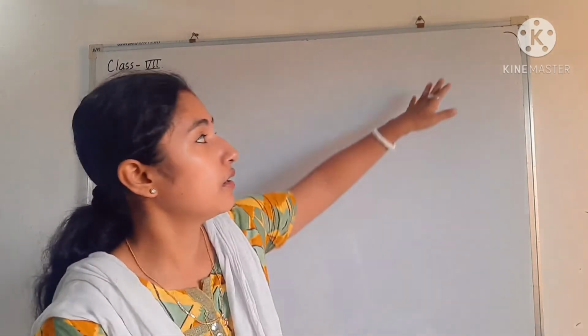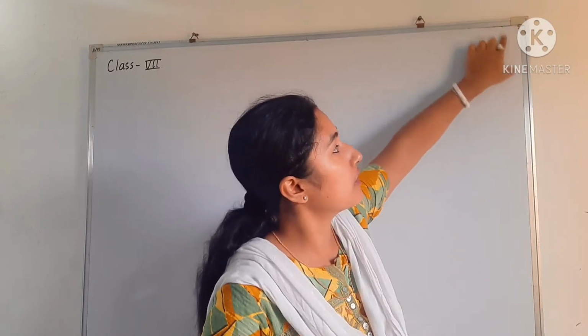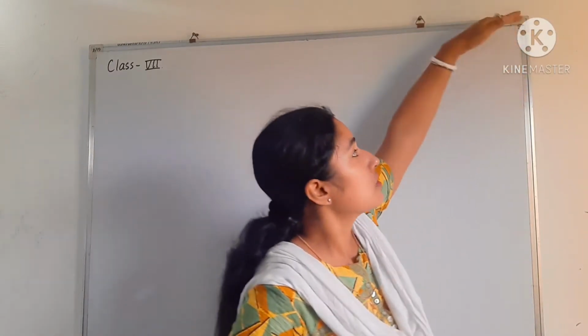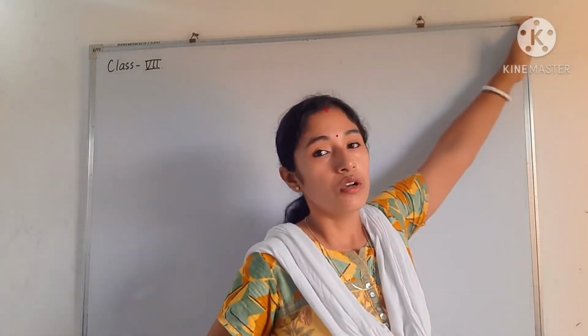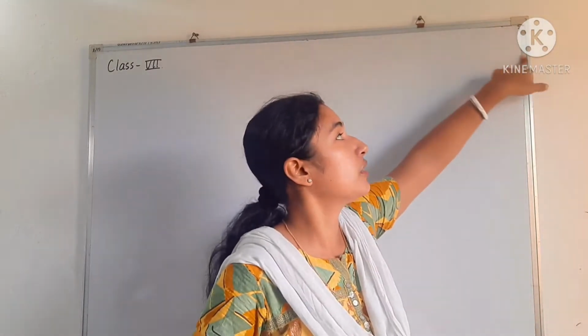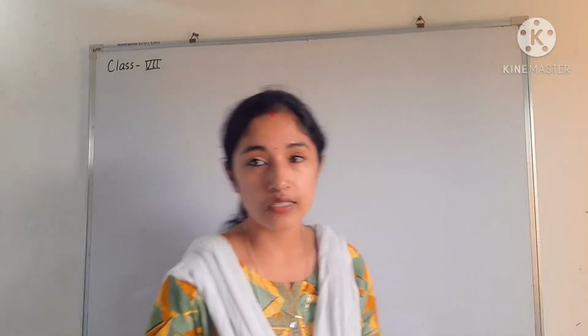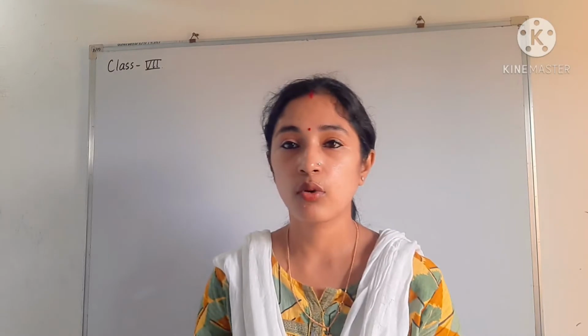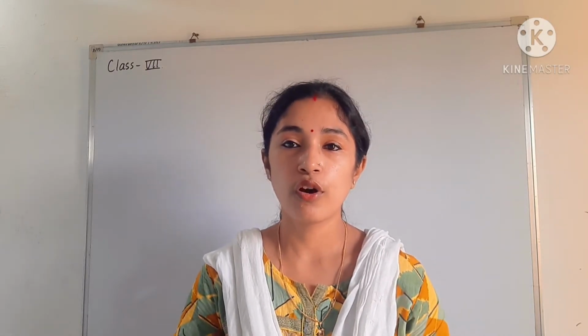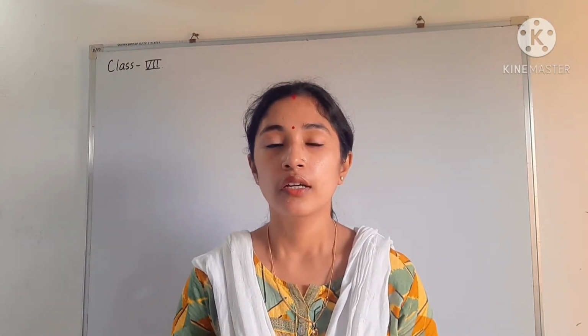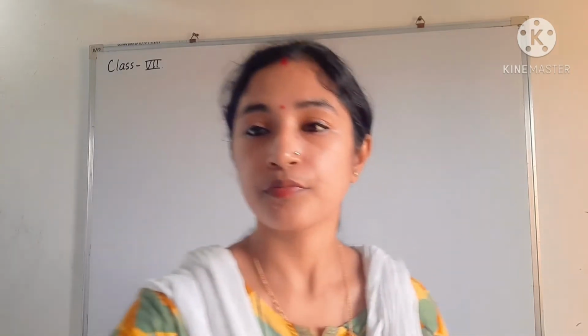And this angle is 90 degree, because this is a straight line and this is also a straight line, so the angle between them is 90 degree. Each angle is equal to 90 degree. So first of all we are going to learn about the rectangle.